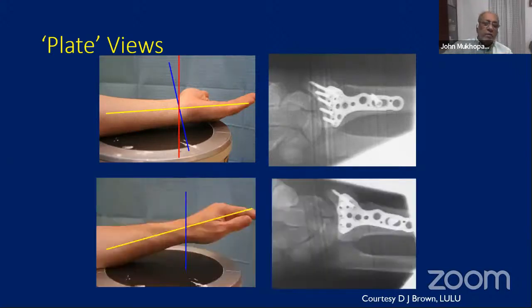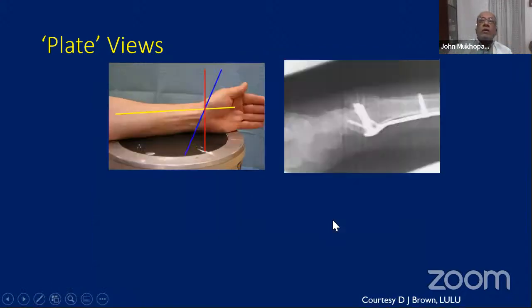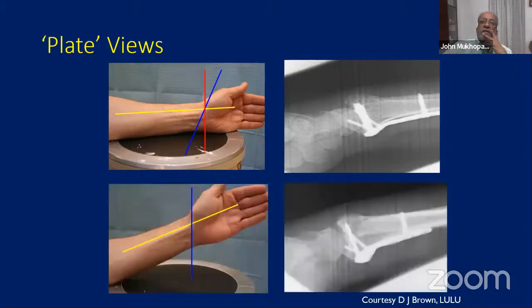If you raise it up a little bit, because of the tilt in the dorsal part, you'll find that the screws are not in the joint. Similarly, in the lateral view, if you put your wrist flat on the table and take a lateral view, because of the radial inclination, it might look as if some of the screws are in the joint. The same thing, if you lift it up a little bit, you will find that the screws are not in the joint.